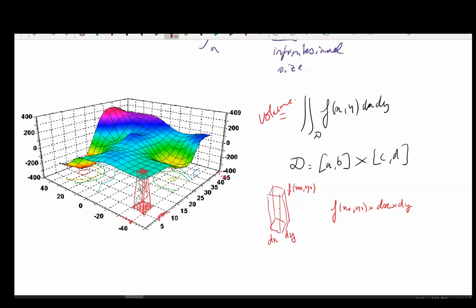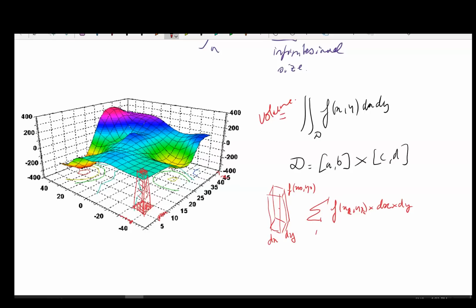See where I'm coming at? I didn't use the delta, but the idea is that that would be some delta. If you want to compute the whole volume below a surface on some big area, you would just sum over all different values of xk, yk, which define points in all your small rectangles.